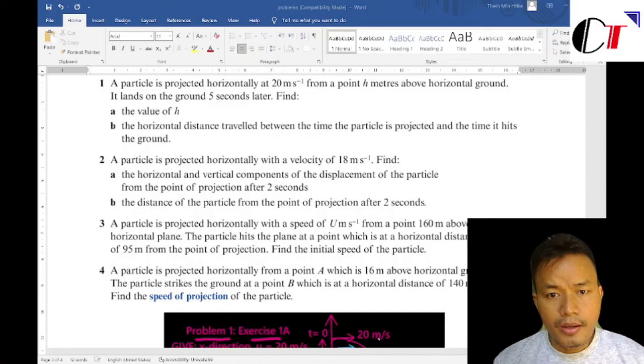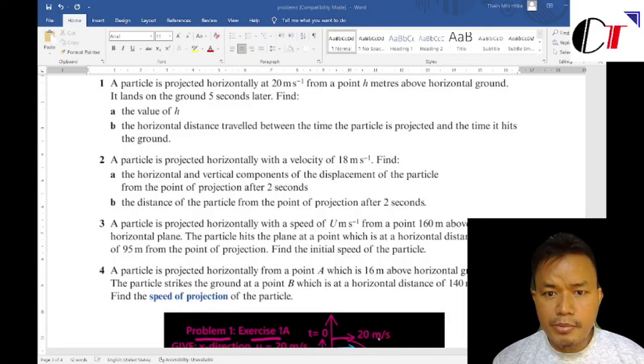So if you look at the motion in the x direction, it's just constant speed. And if you look at the motion in the y direction, it's constant acceleration. And in the x direction, the distance is just u times t, and both u and t are known. So total distance in the x direction can be found.